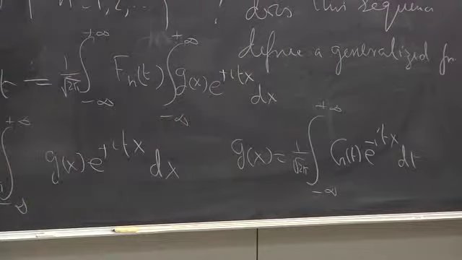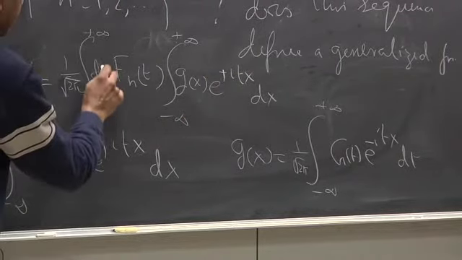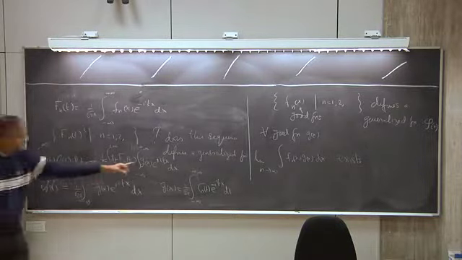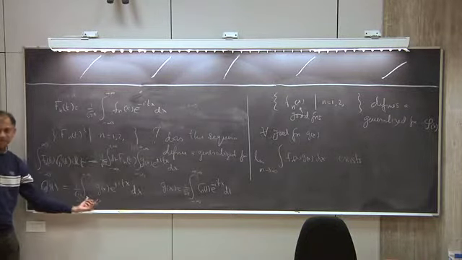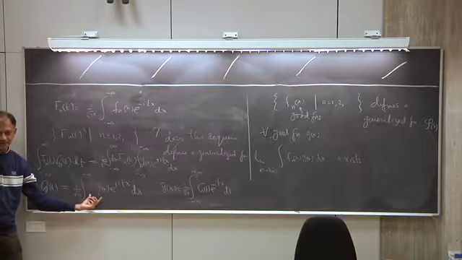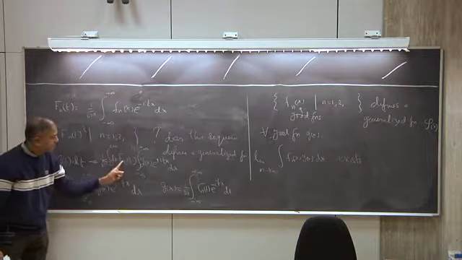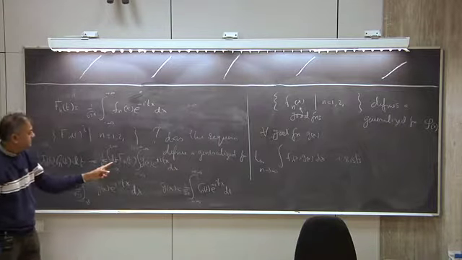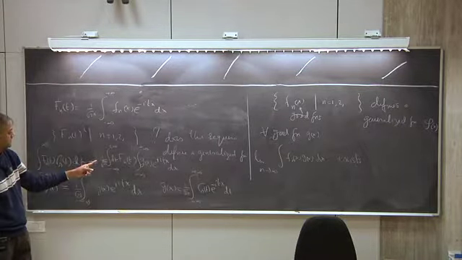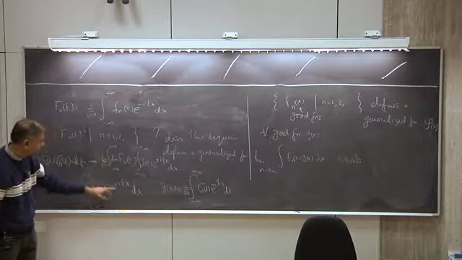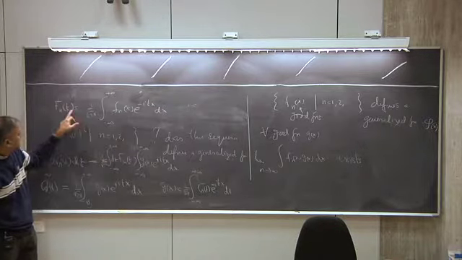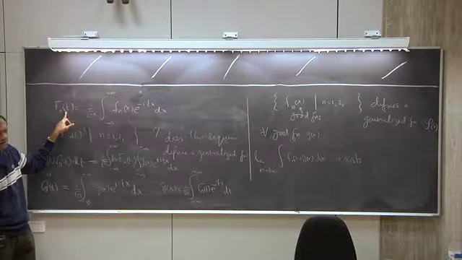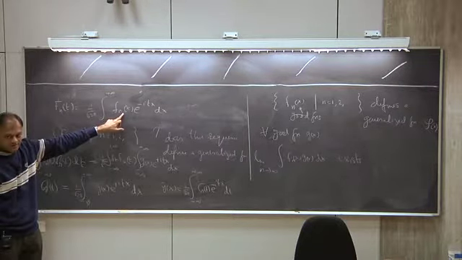Okay. Now, there is a dt and a dx, two integrals. The dt was here, and this dx came because I substituted capital G(t) by this expression. Now, first let's do the dt integral. If you do the dt integral and use the fact that the inverse Fourier transform of capital F_n(t) gives you back f_n(x), correct?